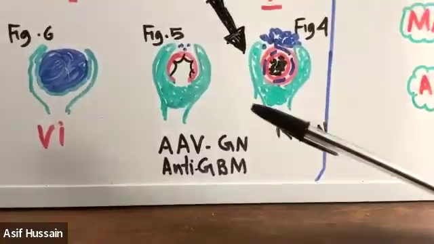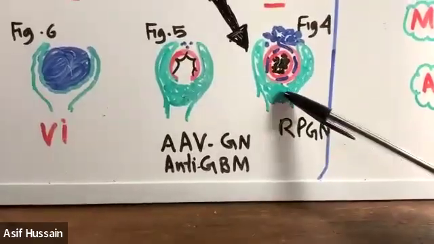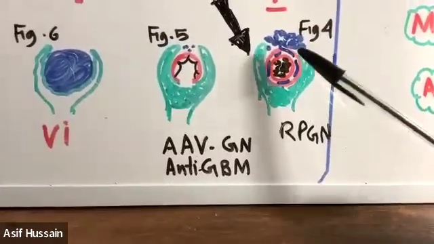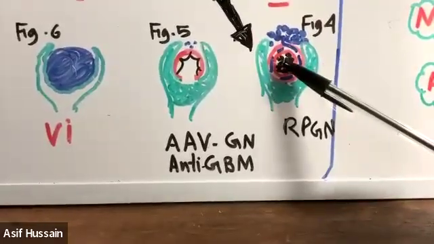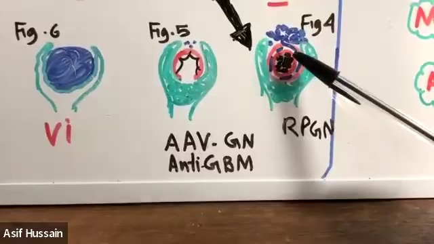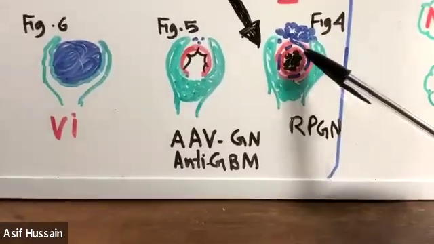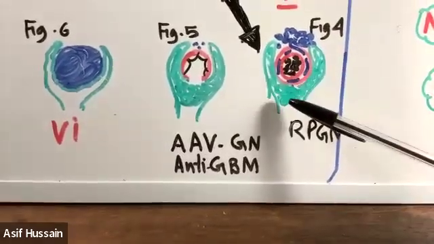Crescent formation because of a severe proliferative glomerulonephritis will have a background of mesangial proliferation, capillary endothelial proliferation, and may have membrane thickening as well, and then there is a crescent formation.